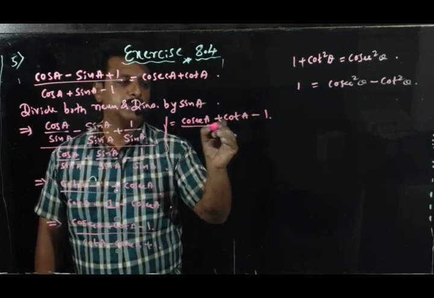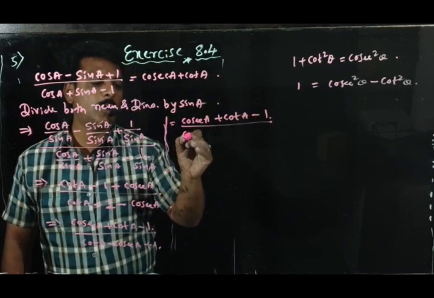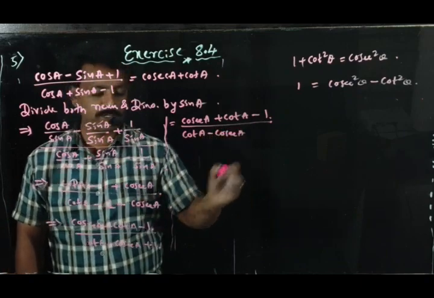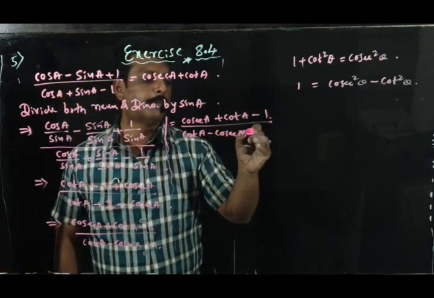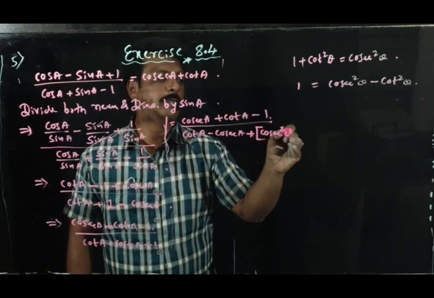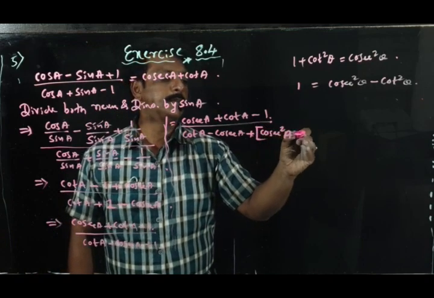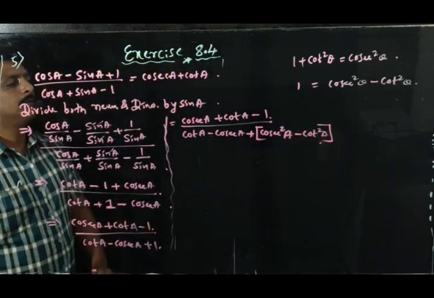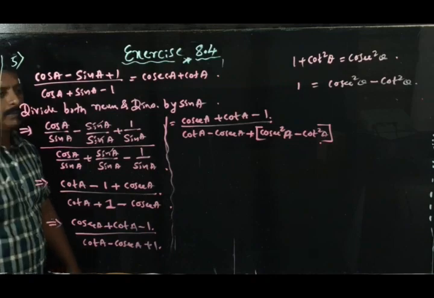And here, cot A minus cosec A I am keeping as it is, and at the place of plus 1 I am going to put cosec square A minus cot square A. Done.